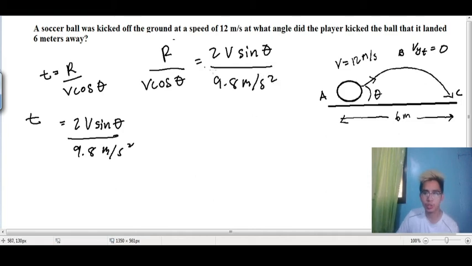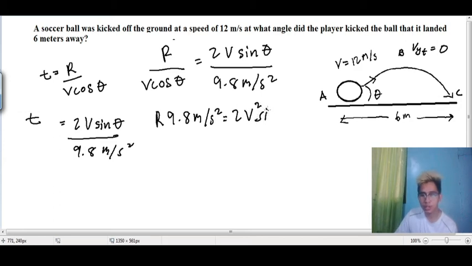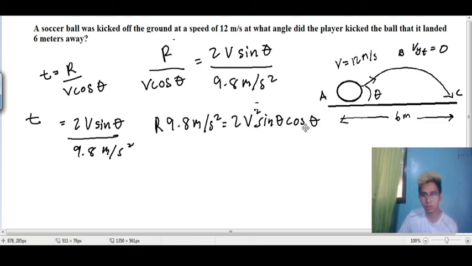So, let's cross multiply: r times 9.8 meters per second squared is equal to 2 v squared sine theta cosine theta. So, this is now our equation.